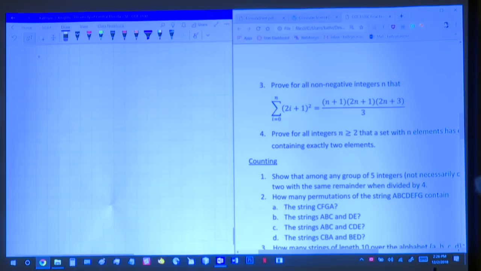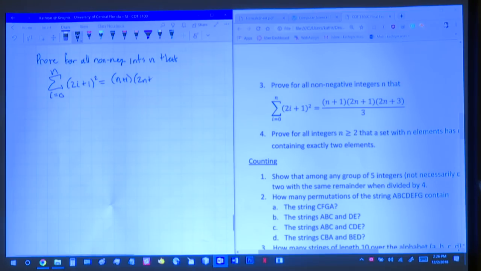Prove for all non-negative ints n that the summation i equals 0 to n of (2i plus 1) squared equals (n plus 1)(2n plus 1)(2n plus 3) over 3.